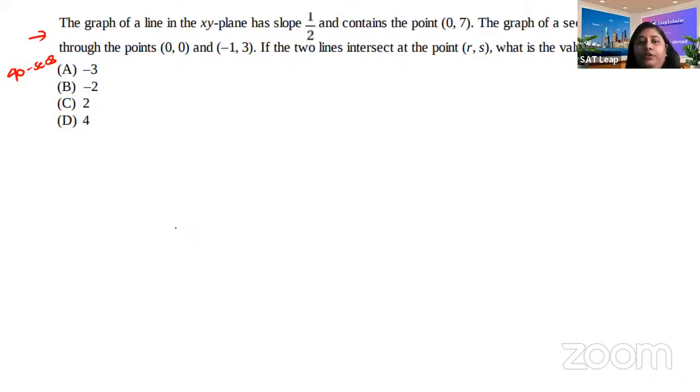Then you can answer the question. How do we find out the point of intersection? That is the question here.